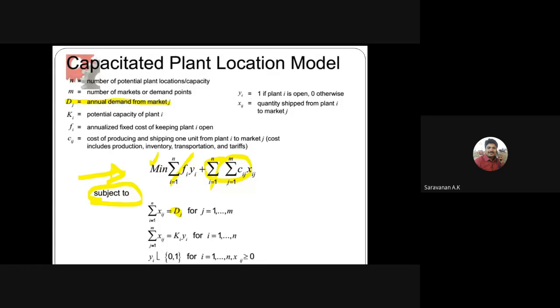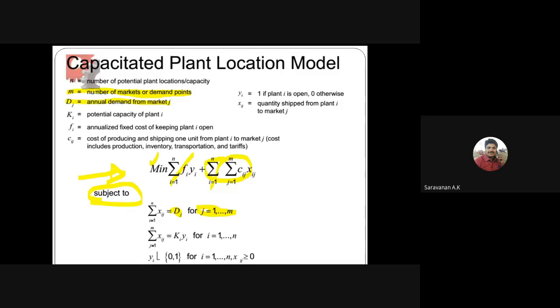We have to fulfill the customers' demand at each regional location. That is the first constraint. Here the j value will be 1 to M. What is M? M is the number of markets or demand points.